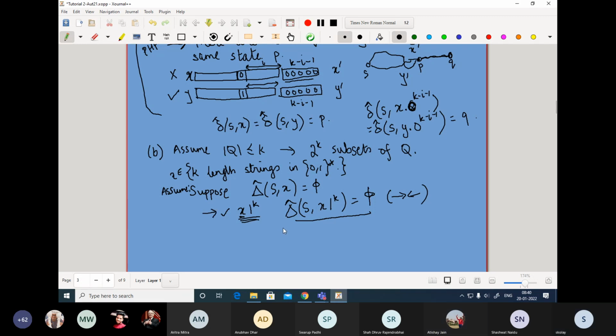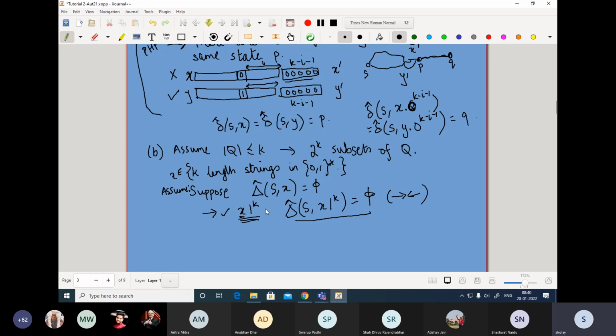Yes, ma'am. Who was asking the question? Ma'am, I was asking. So you assume this first. Suppose delta hat sx is phi. Can you show that for x1 to the k, delta hat sx1 to the k must be phi, which is a contradiction because x1 to the k should belong to the language?